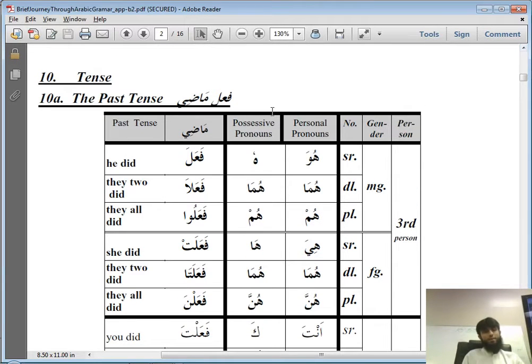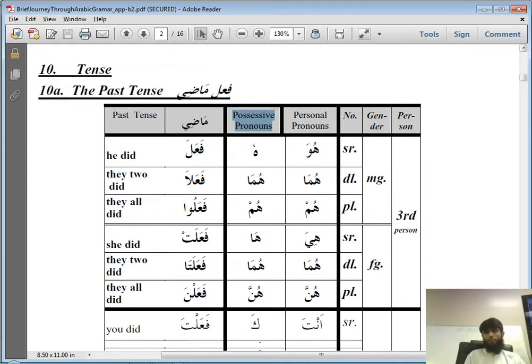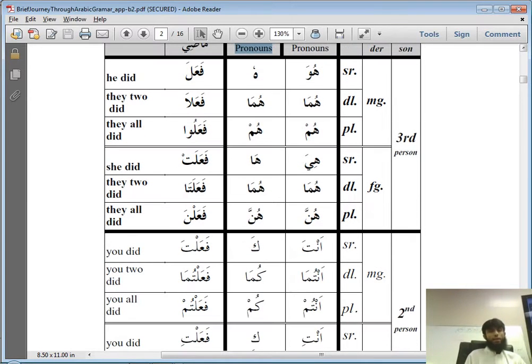Okay, so now what is this possessive pronoun? Look, this chart says this column is personal pronouns and this is possessive pronouns. Now remember what we have in English, right? We have he is a good student, or can you pass him his book? So we have three pronouns in English.